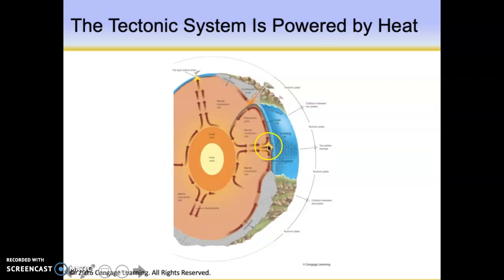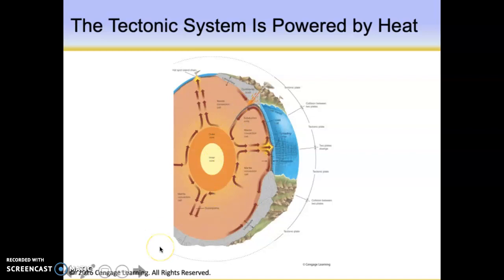It's hot and relatively light when it forms at the mid-ocean ridge, and as it moves away, it cools off and becomes more dense and eventually sinks back down. So this circulation pattern is really what drives the motion of the plates.